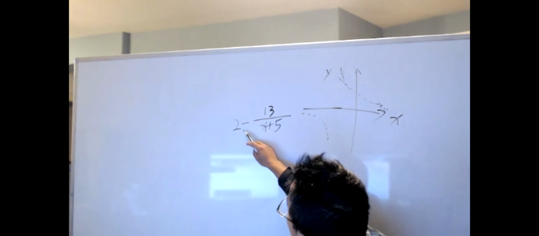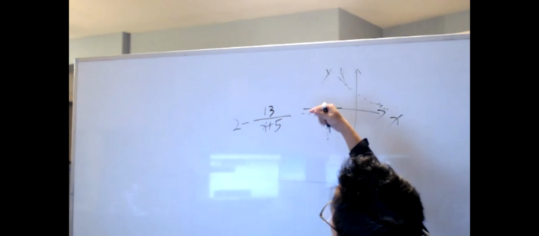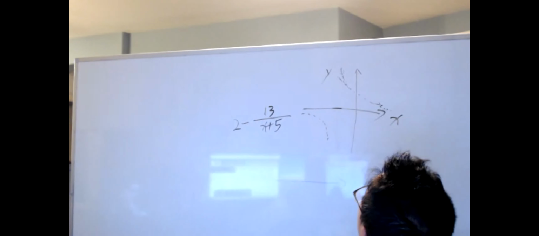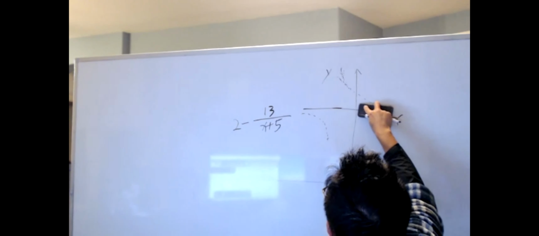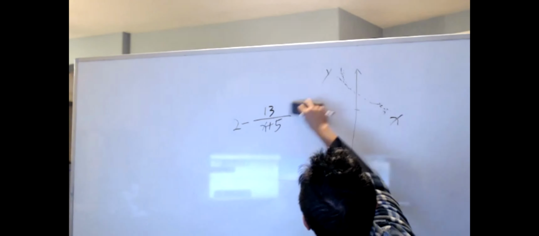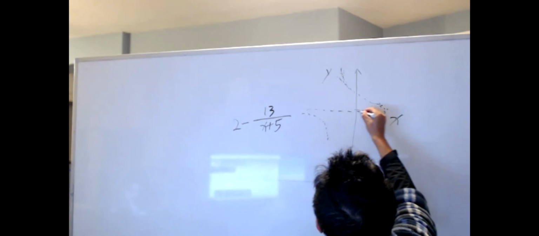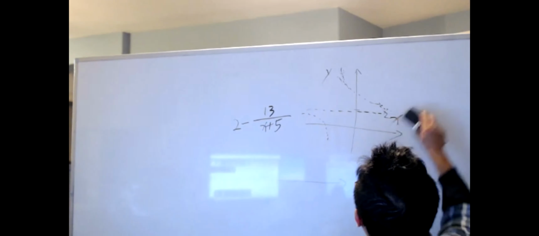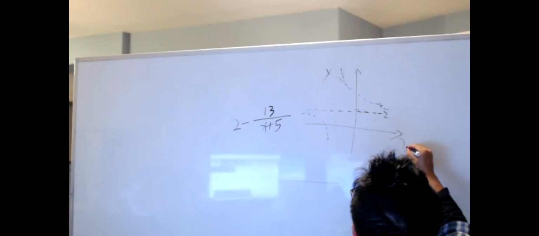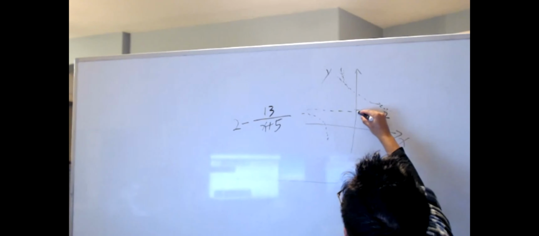The key thing is we have to move it up because we have a 2 in here, right? So this whole thing goes up a little bit. This line becomes y equals 2, and this will be the new x axis. So this is y equals 2, right?